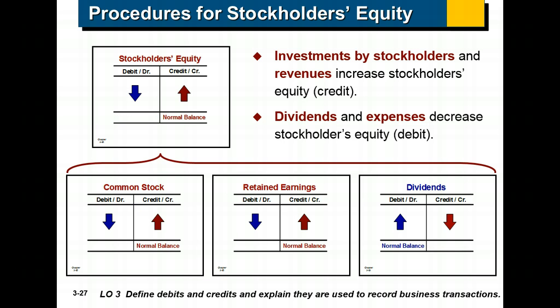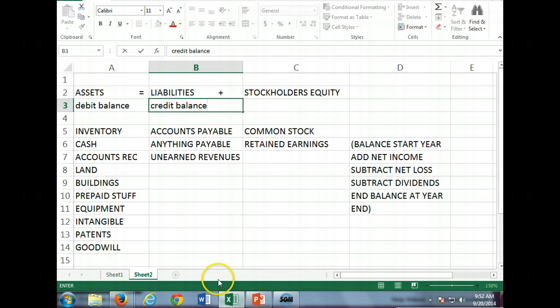So, investments by stockholders and revenue help increase the stockholders' equity section. Okay, so we credit those accounts to increase the stockholders' equity section. So let's go back to our little cheat sheet.